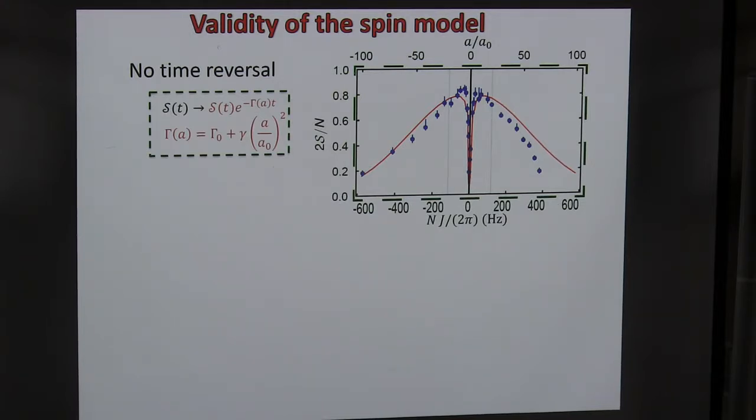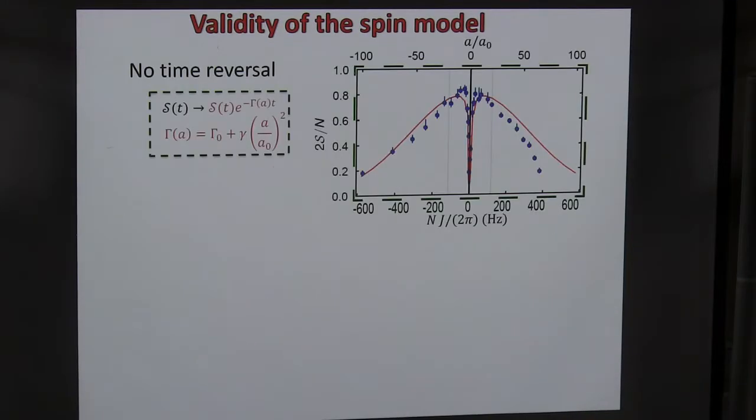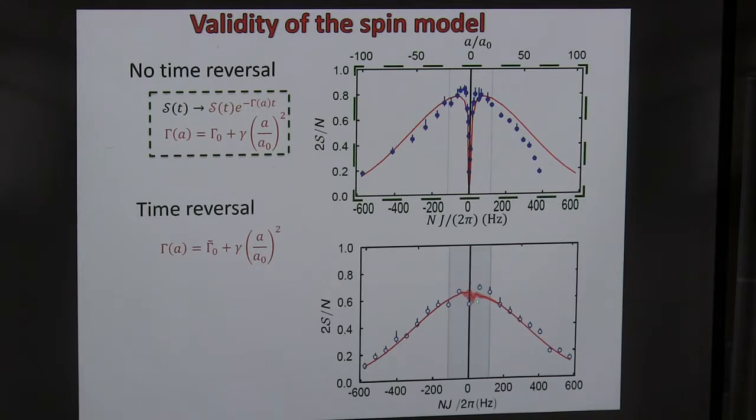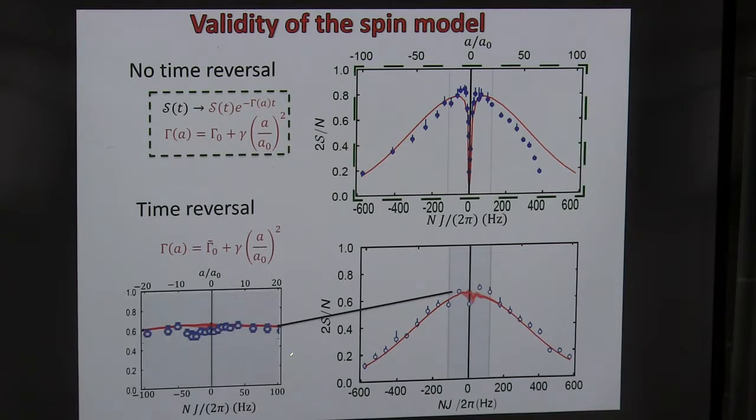But when you apply the pulse, the data become flat. These are just small points, a blow-up of this region, and there should be no dynamics. But I'm talking about a higher one, like 400 or so.